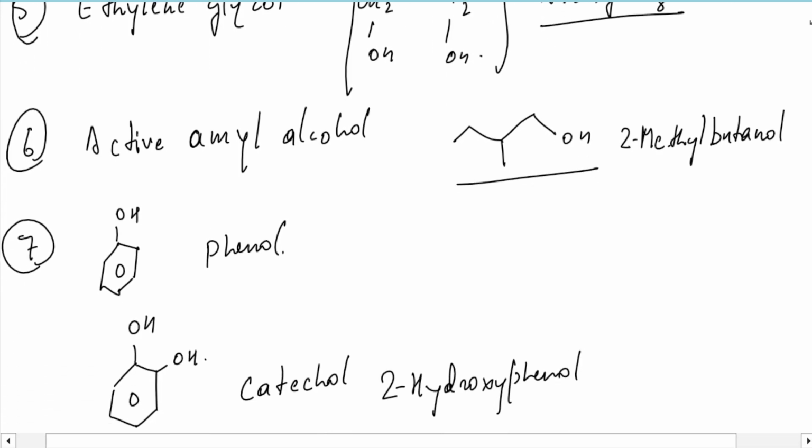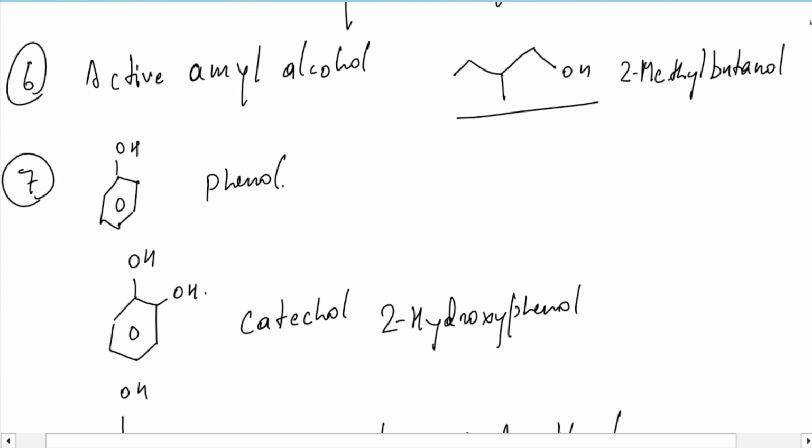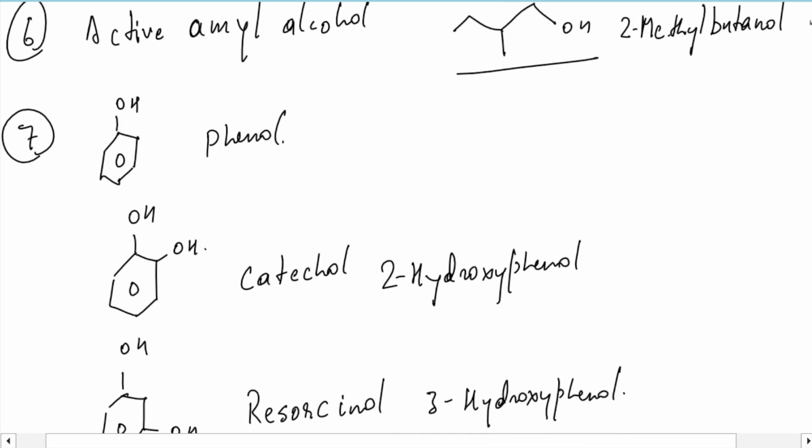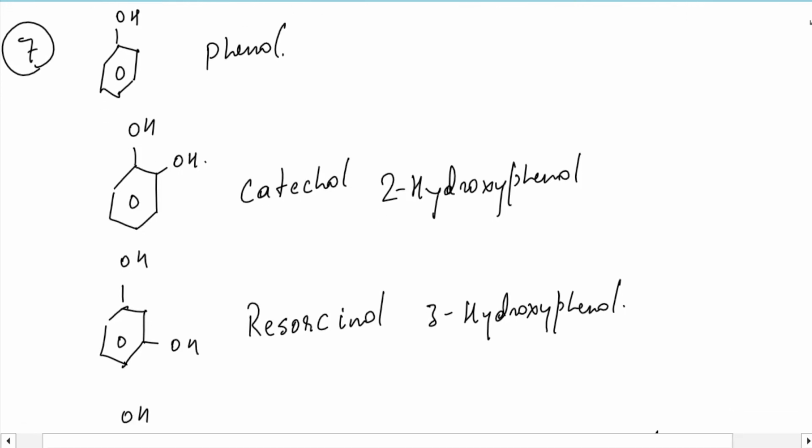Next to this is phenol and its derivatives. So phenol, catechol, resorcinol, quinol. So catechol is 2-hydroxyphenol or 1,2-dihydroxybenzene. Hydroxybenzene is only phenol. Resorcinol, that's 3-hydroxyphenol or 1,3-dihydroxybenzene.